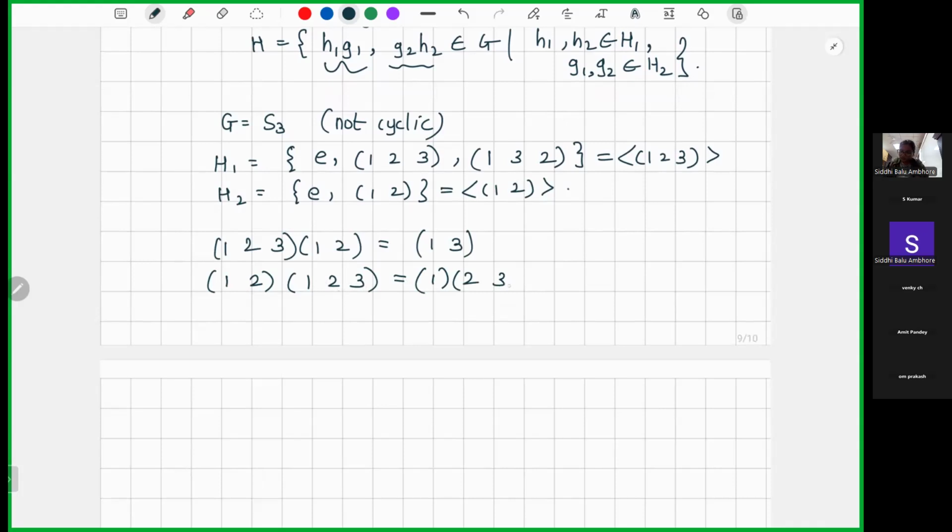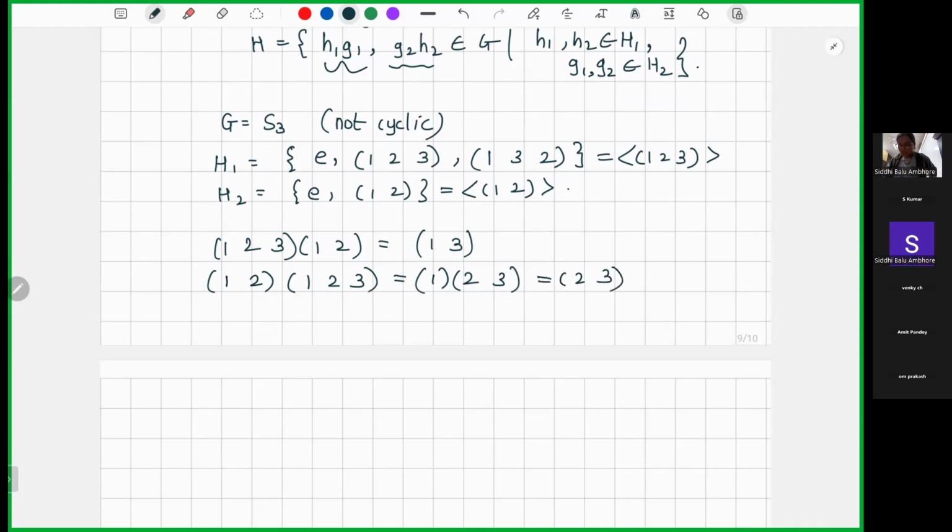Wait, are we doing this okay? 2 goes to 3, 3 stays. Then 3 goes to 1 and 1 goes to 2. So 3 goes to 2. So this is correct. So this is just the cycle (2 3).